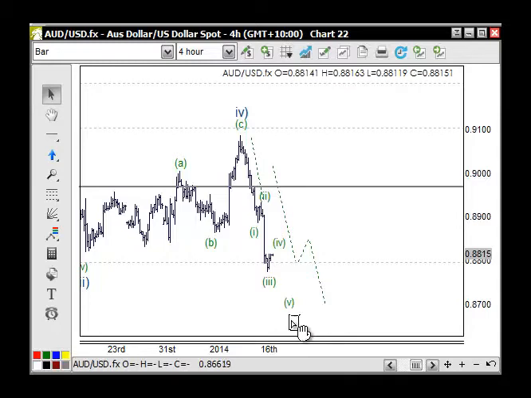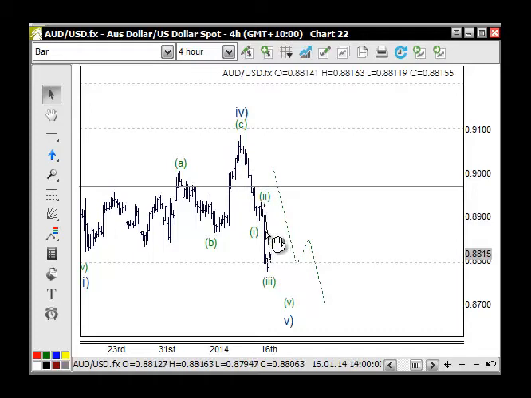Now, there's a slight problem with this, and this is what I want to talk about here. The problem that I see is that the labeling is fine, but the wave 3 here is smaller in length than wave 1 here, okay? So it's a fair bit smaller really.